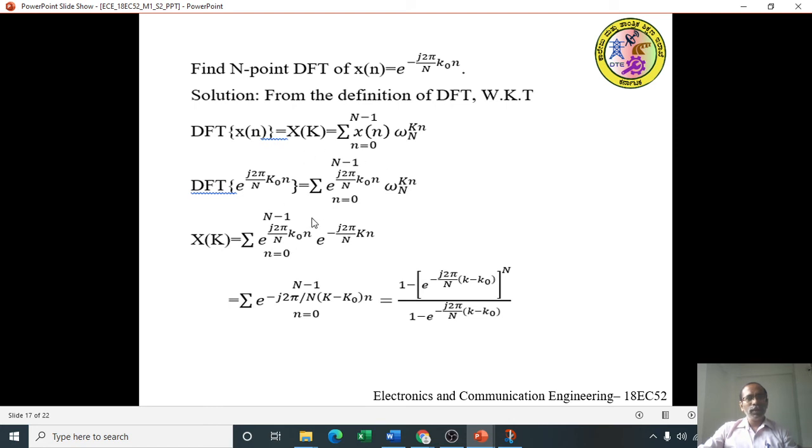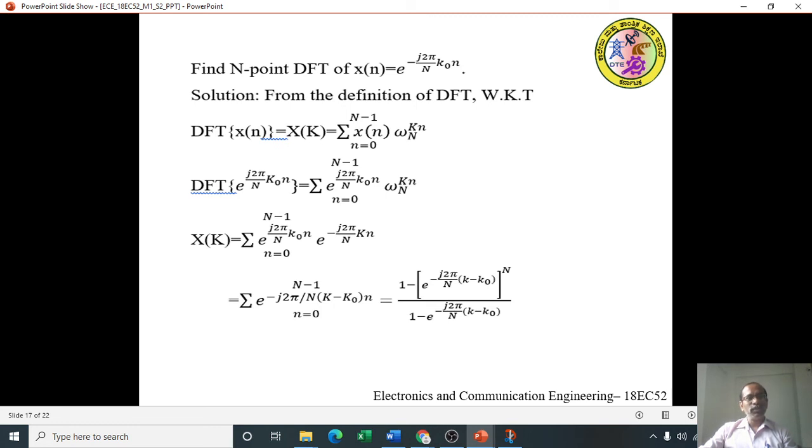Now there are two exponentials for you. One is e power plus j, one is e power minus j. Let us take e power minus j 2 pi by n outside. The left out term is k minus k naught into n. This looks like e power minus j 2 pi by n into k minus k naught, whole power n. From geometric progression, you have a formula.